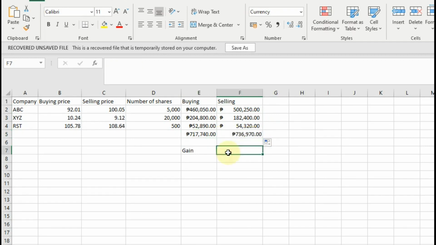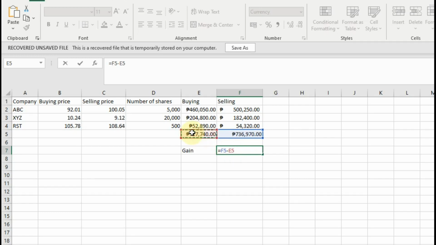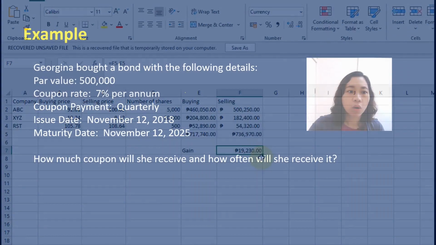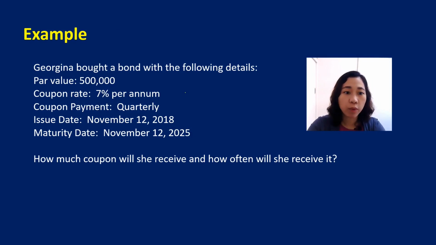So therefore, how much is her gain? It's the difference between the selling price, how much she was able to sell all of her shares, minus how much she paid for these shares. So this one is the answer. Her gain is 19,230.